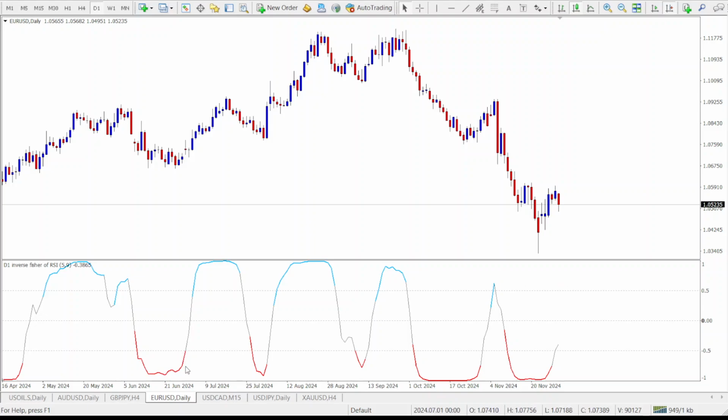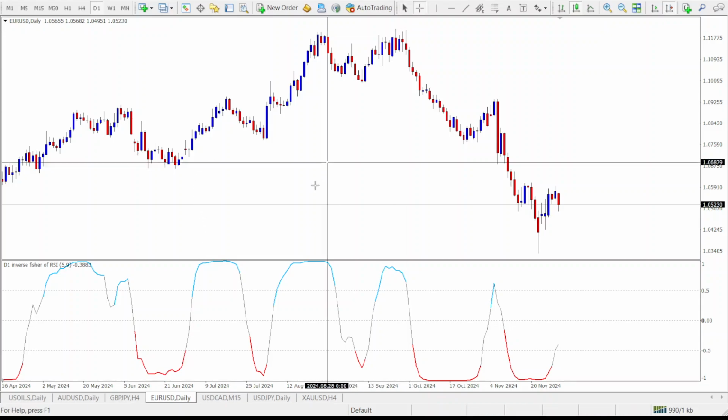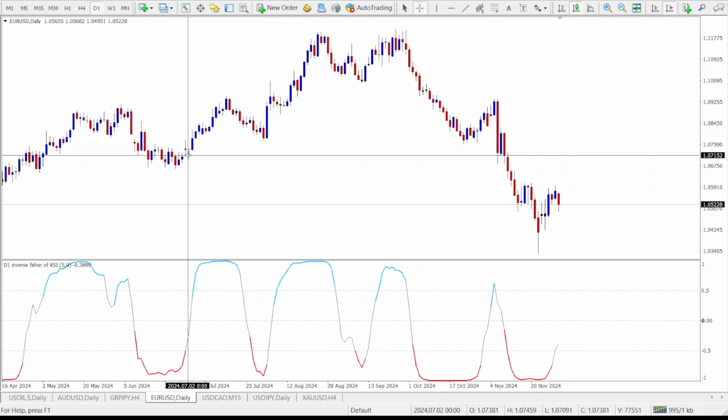So when you have the inverse Fisher of RSI line red in color and crossing above the -0.5, you have a precise buy signal. Quite straightforward. When you have that precise buy signal, you can go ahead and enter a buy after you must have confirmed your entry.